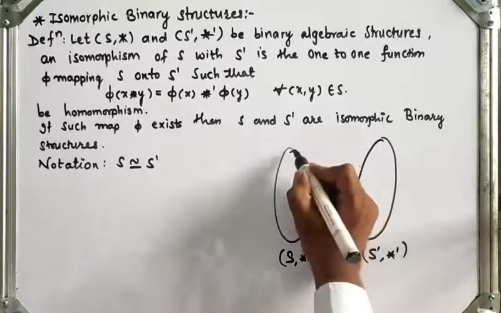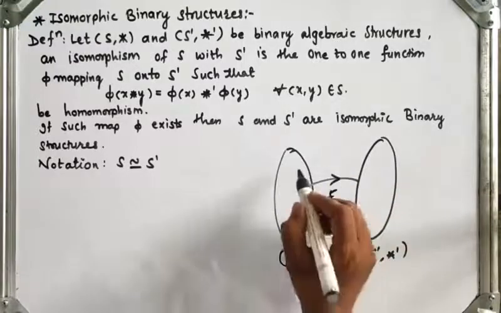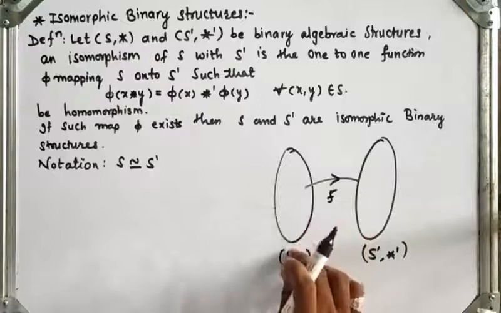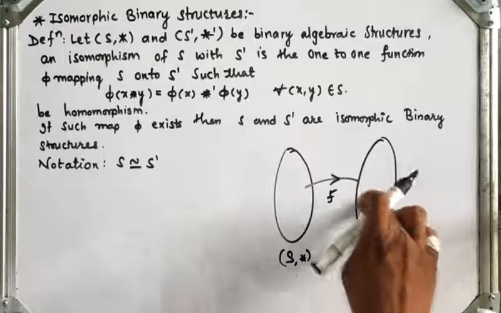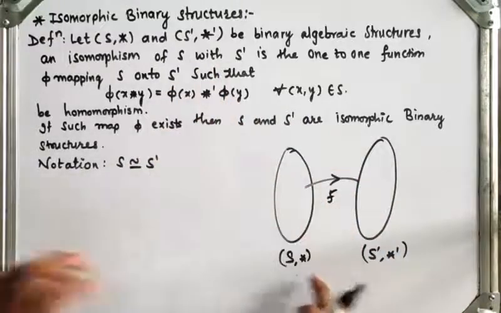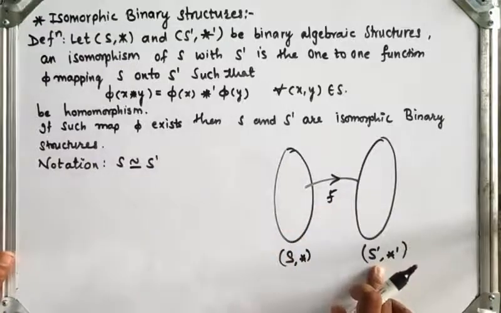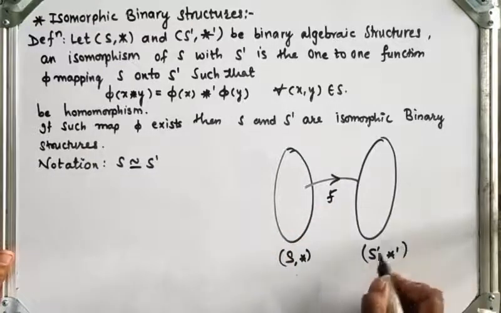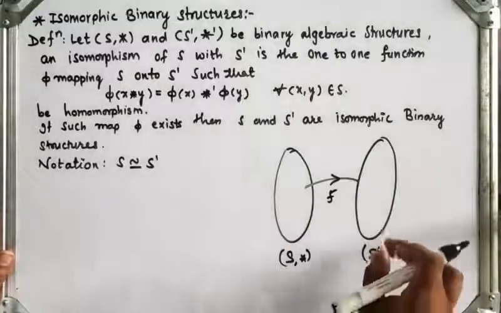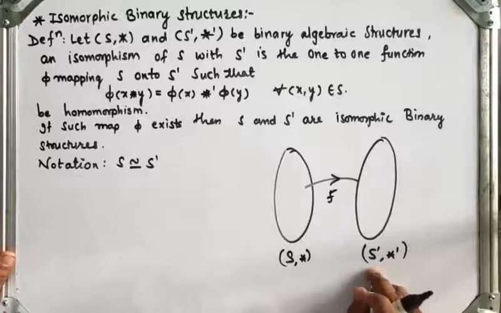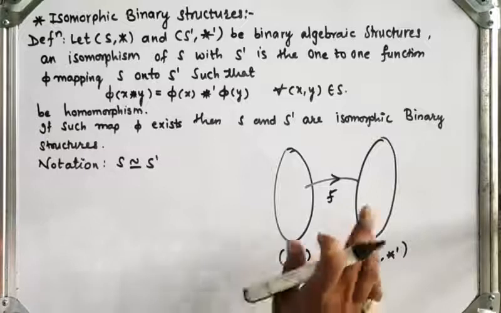Then we say that the function f is 1-1 if every element from set S is assigned a unique element in set S dash. And for an onto function, for every element in S dash there exists an element in S, then we say that function f is onto.